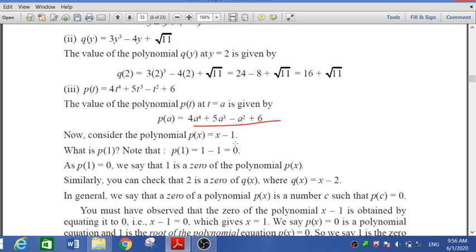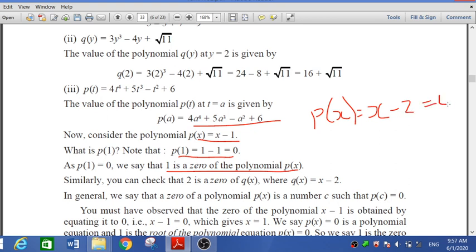Now again the topic is zeros of polynomial. If we get the answer 0, it is called a zero of polynomial p of x. Such types of questions may be asked. Now the question is p of x is equal to x minus 2. You have to find the zero of polynomial.